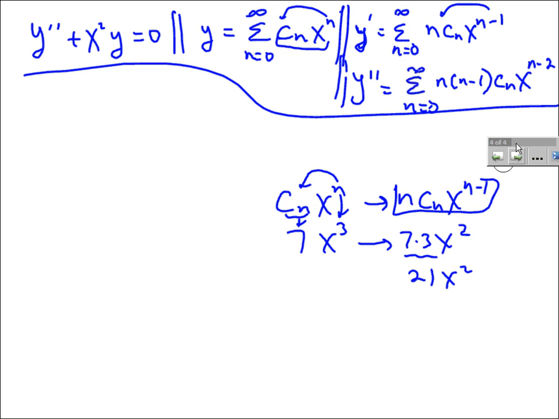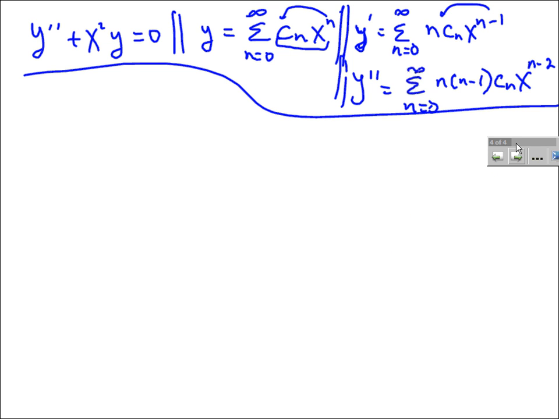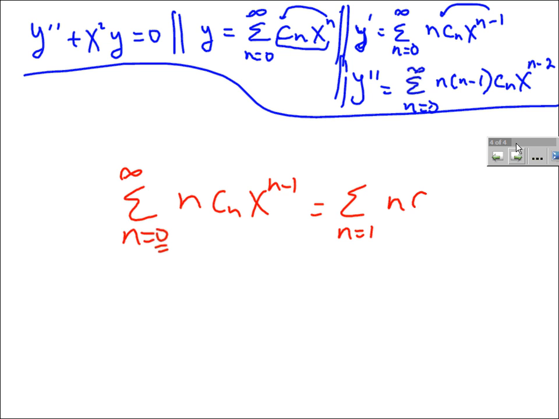Now, for whatever it's worth, when it comes to the derivative, I don't have to start at 0. I can start at 1, and I'll explain why in a moment. Because when n is 0, that's going to be 0, because 0 times some number times x to the negative 1 is still 0.